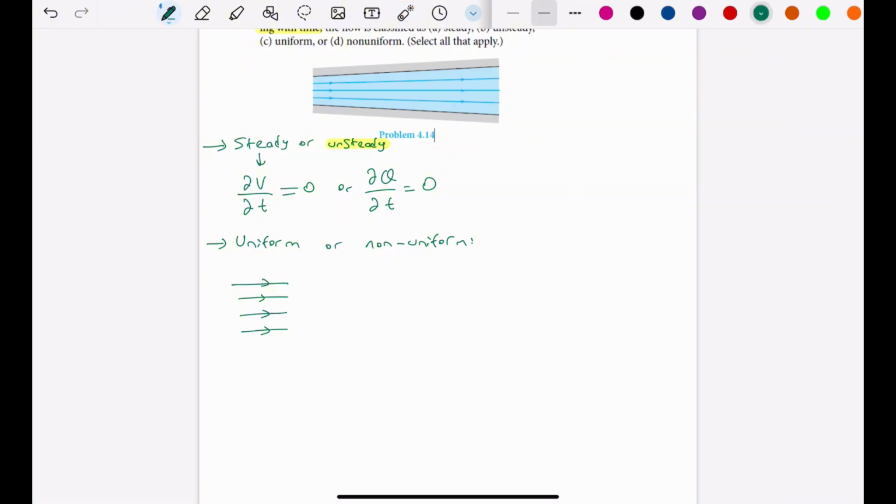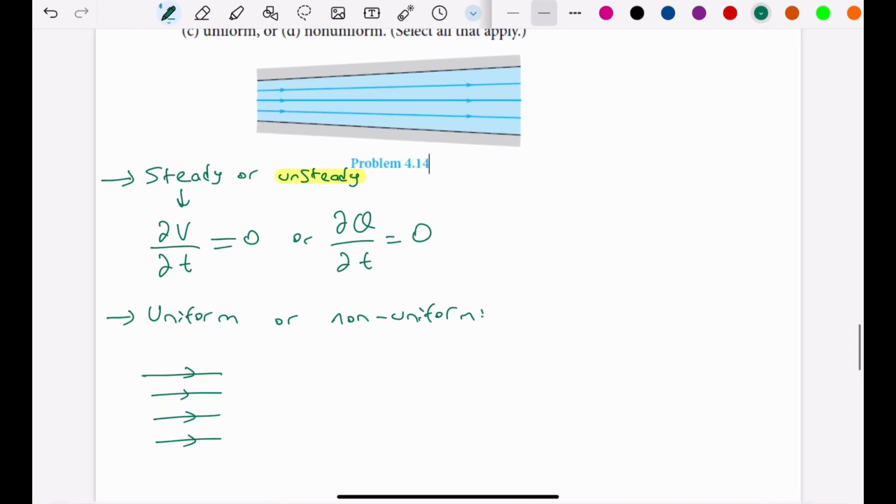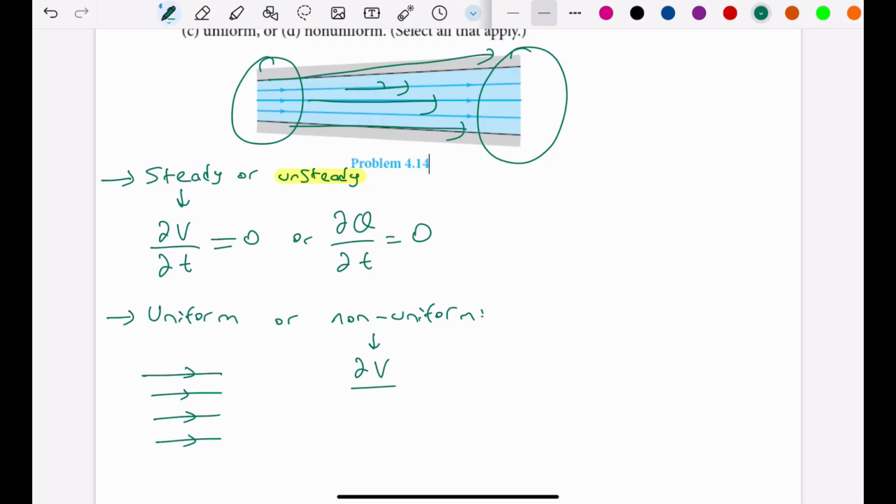So this means that the velocity changes along a streamline in magnitude, direction, or both of them. Therefore, we can see that this channel is changing. So we have narrow at the beginning and we have wider channel sections. This means that we have non-uniform flow. Or in other words, velocity over streamline change is not 0, which means we have changing flow properties along this streamline.